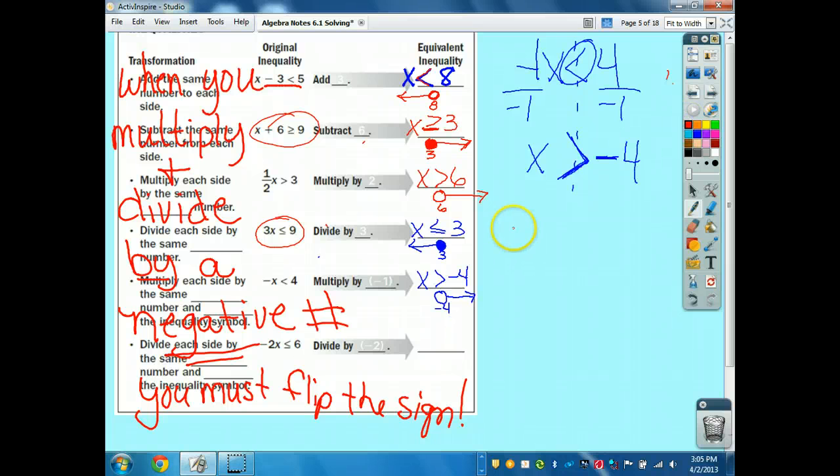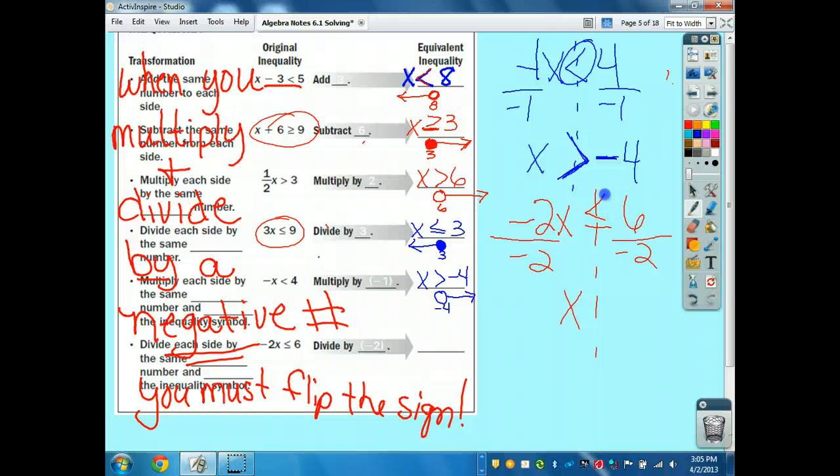Next one, negative 2x is less than or equal to 6. What do I need to do to both sides? Divide by a negative 2. So x is what? Do I flip it?